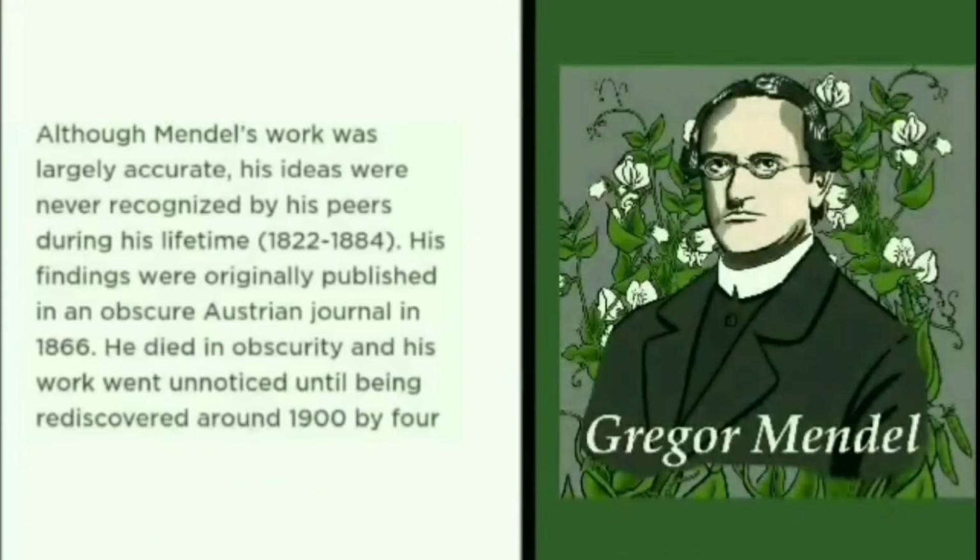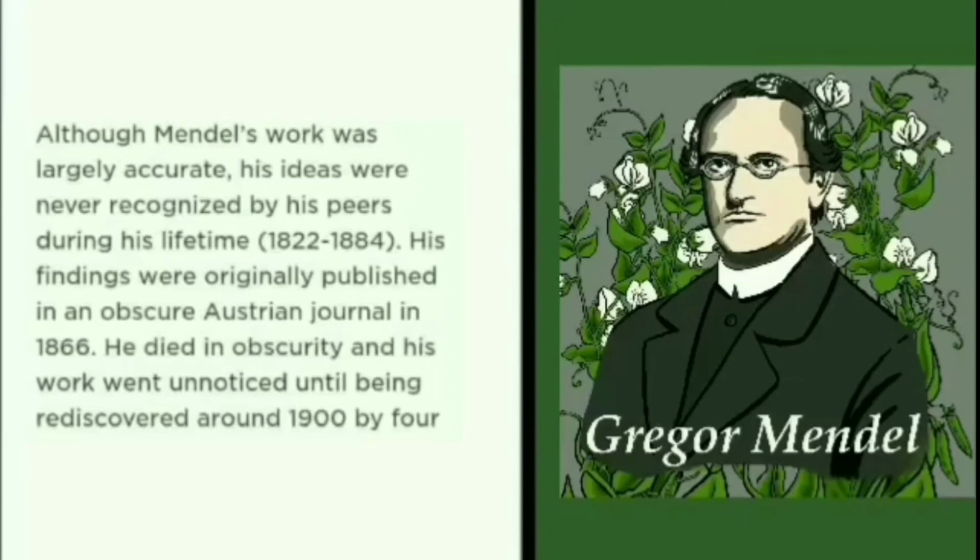Although Mendel's work was largely accurate, his ideas were never recognized by his peers during his lifetime, 1822 to 1884. His findings were originally published in an obscure Austrian journal in 1866.